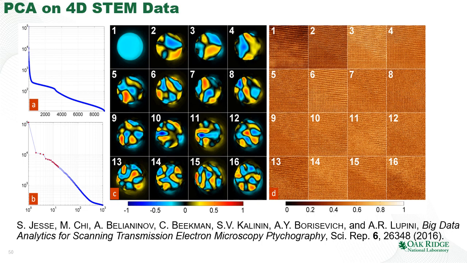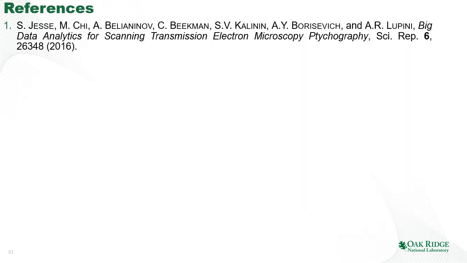And this, of course, is exploratory data analysis. It doesn't explain to us what the physics is, but at least it allows us to work with these data sets and get some systematic insight into what goes on. You can learn more about this particular effort in this paper published about 3 years ago.